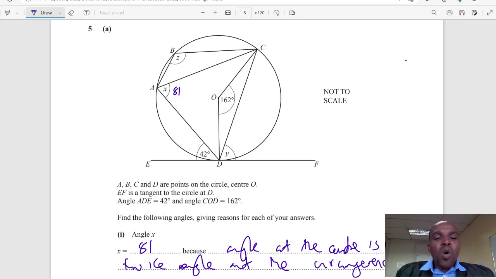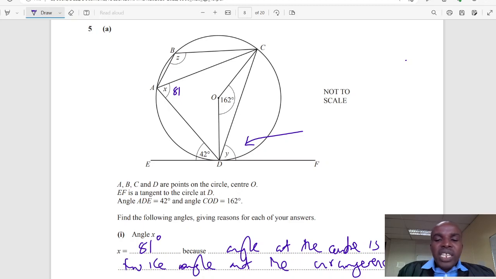Then for Y, our Y is here, outside. If you check Y and X, they must be the same, because this one is an exterior angle of a triangle, equal to the opposite interior angle. So my Y is supposed to be 81 degrees.